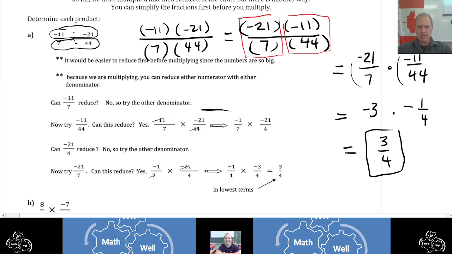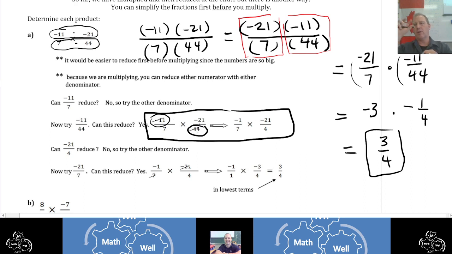Okay, so look at this step right here, all right? I can go ahead and take a number on top and simplify it with any number that's being multiplied on the bottom. So I can pick one from over here and one from way over here and treat those as a separate fraction themselves. So that's what they did here. -11 and +44 reduces to -1/+4, you see?